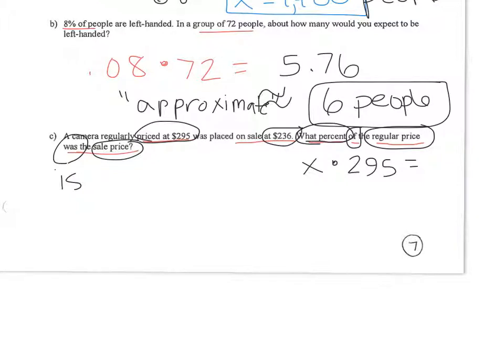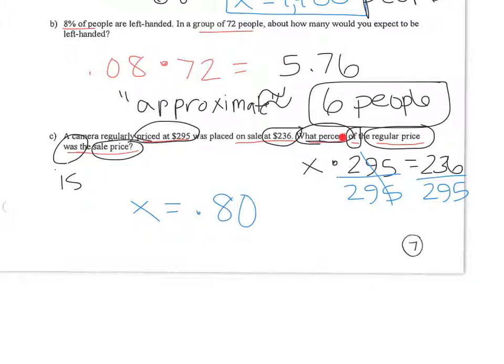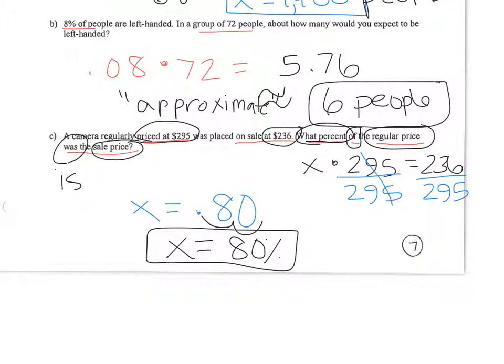Sale price is $236. So I'm going to divide both sides by 295. This cancels out. So X equals 236 divided by 295 in my calculator is 0.8. But the question asked me what percent. So I need to move the decimal over 1, 2. So X equals 80% is my answer.